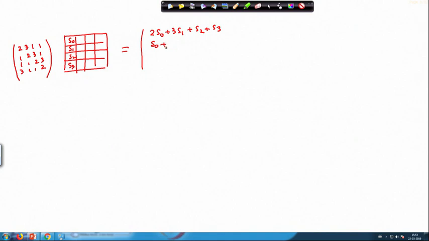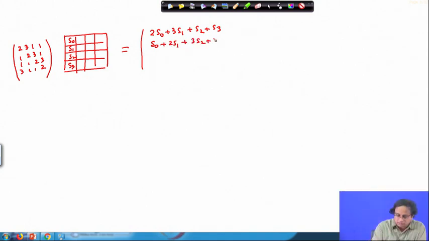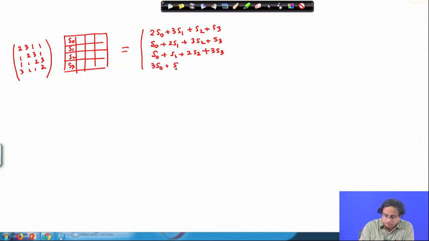Likewise, this is S0 plus 2S1 plus 3S2 plus S3, and this is S0 plus S1 plus 2S2 plus 3S3, and this is 3S0 plus S1 plus S2 plus 2S3.